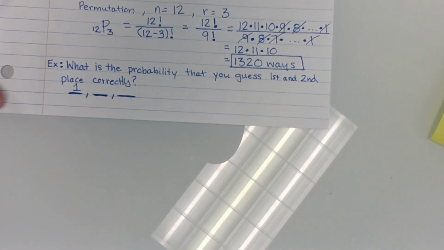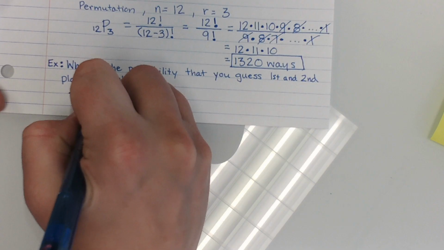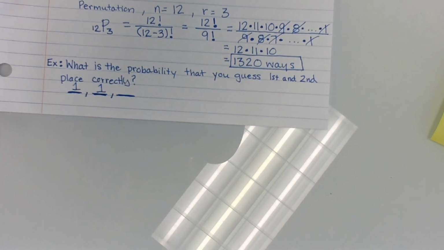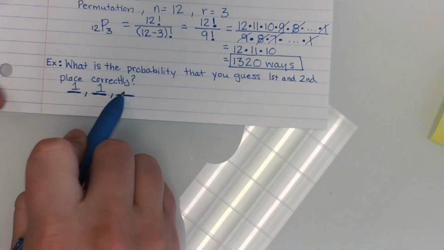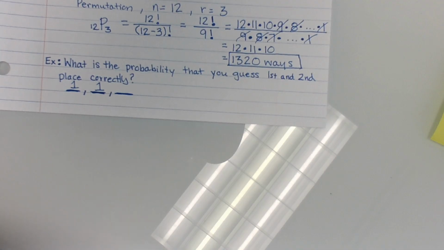How many ways can you choose second place correctly? Only one, because there's only one second place winner. It says nothing about choosing third place correctly. So third place comes back to how many different ways can we be left with third place?